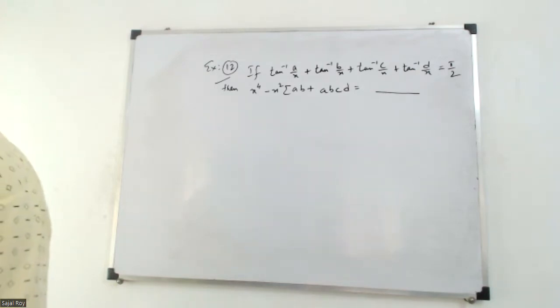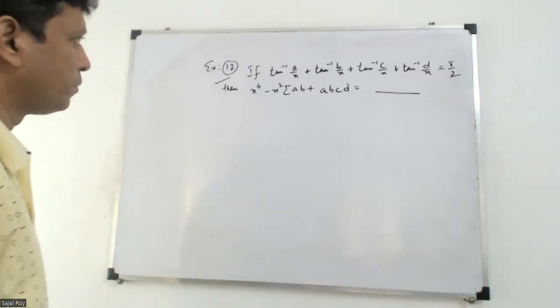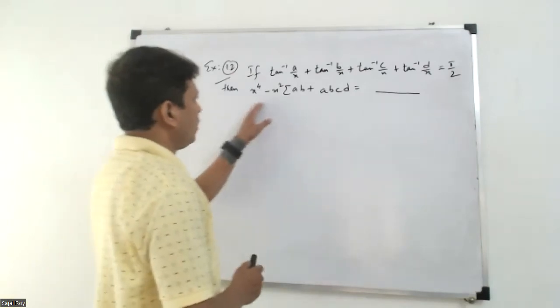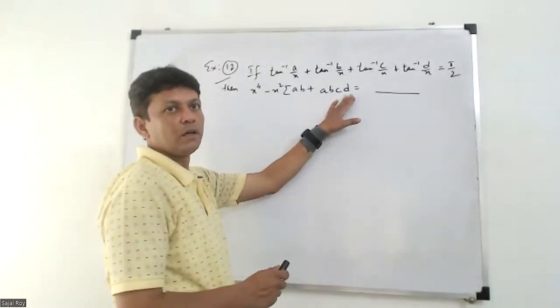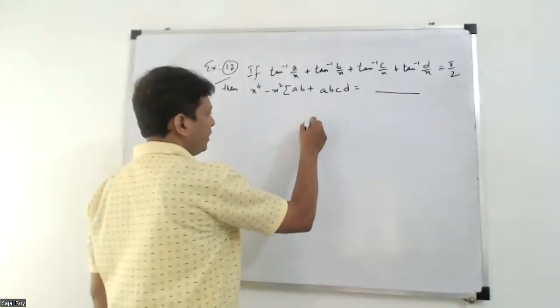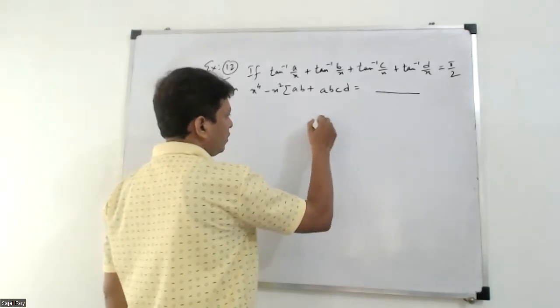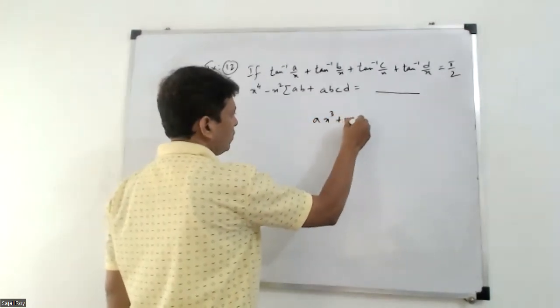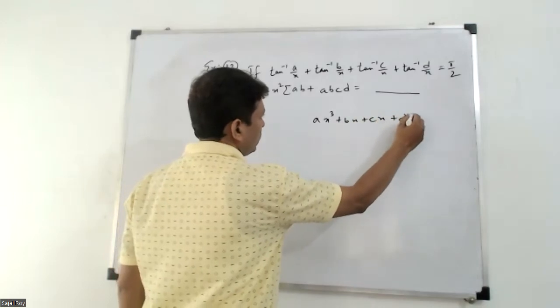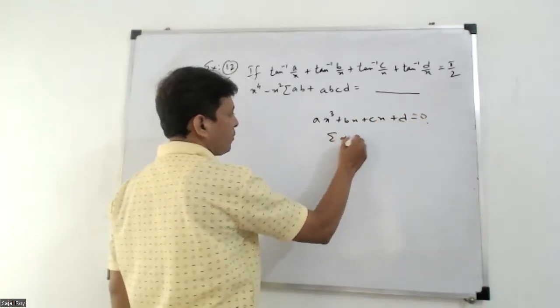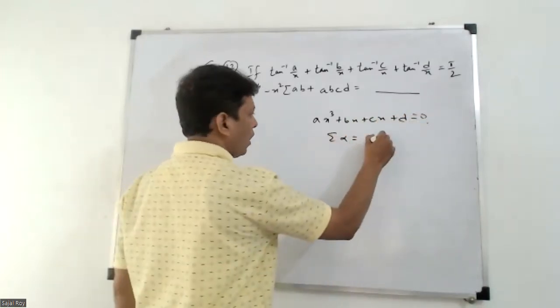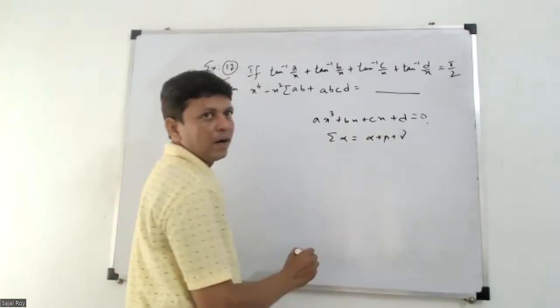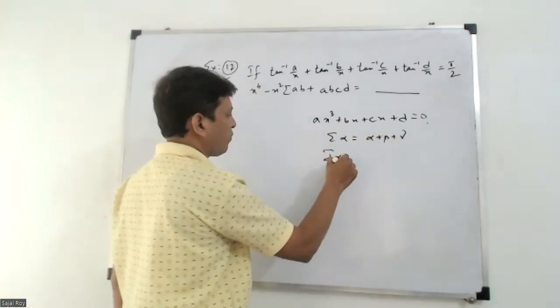x to the power 4 minus x squared sigma. Sigma means summation. This is a 4th degree equation. Suppose you are writing a cubic equation: what is summation alpha? Alpha plus beta plus gamma. What is summation alpha beta?